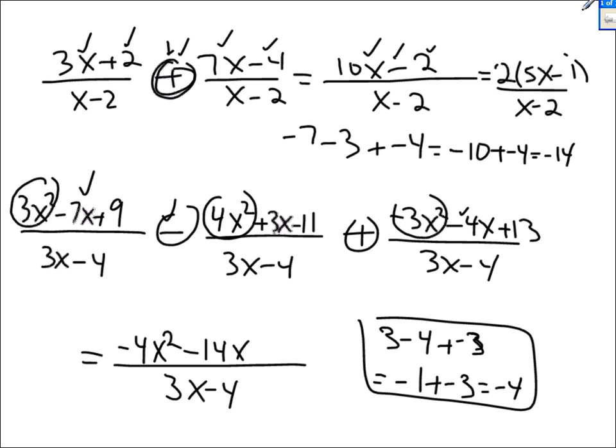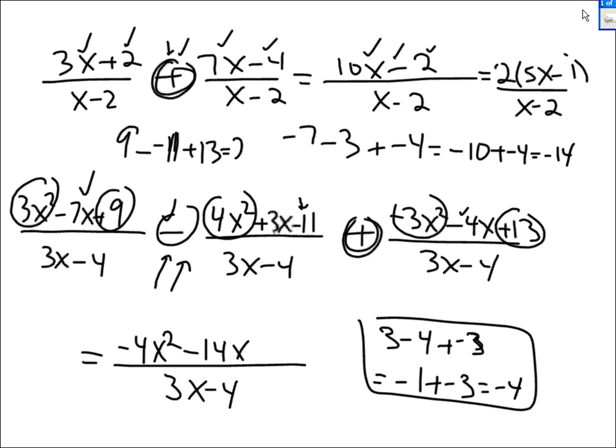Now the constants: 9 minus negative 11 plus 13. 9 minus negative 11 is 20, and if you add 13 to it, you get 33. And there's the answer, plus 33.